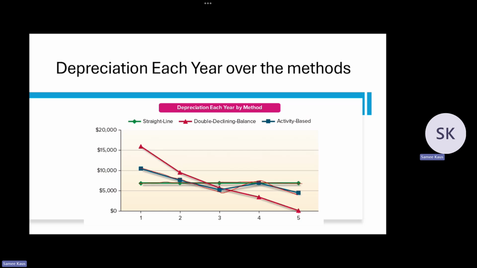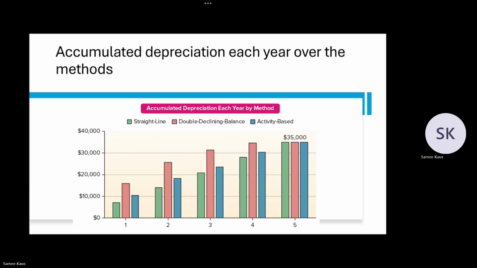And double declining, I recognize a bunch of depreciation early on and less as the asset goes through its useful life. So here you can see my accumulated depreciation balance always goes up, right? It needs to increase under every method because I'm accumulating the depreciation that I'm recognizing and I keep recognizing more depreciation. It's just how much it's going up by is changing because the amount of depreciation that we're recognizing is changing.